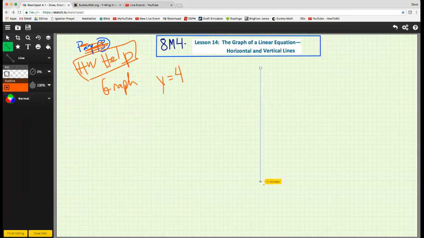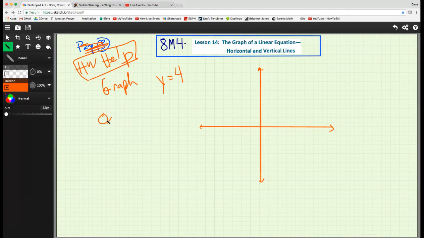We know that all lines that only have one of the variables in them, because the other one has a coefficient of 0, because this line is really 0x plus 1y equals 4, which simplifies down into y equals 4. And we showed how that happened earlier in this lesson.